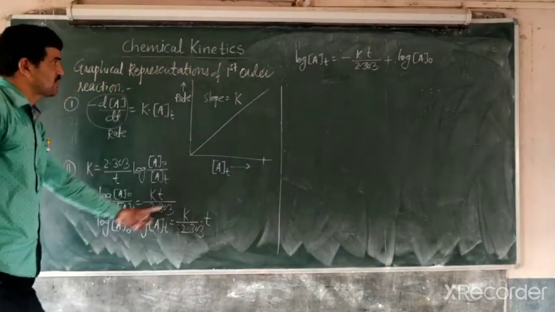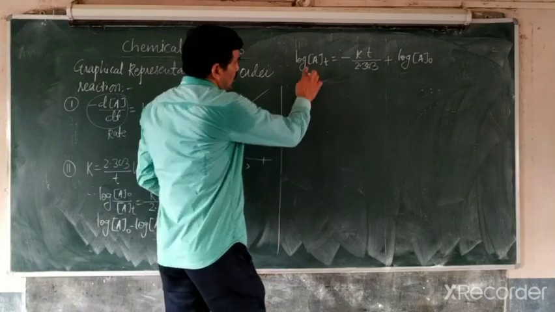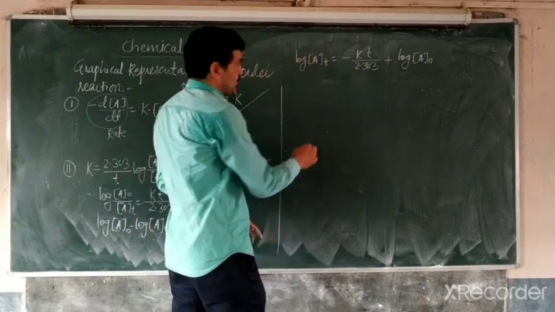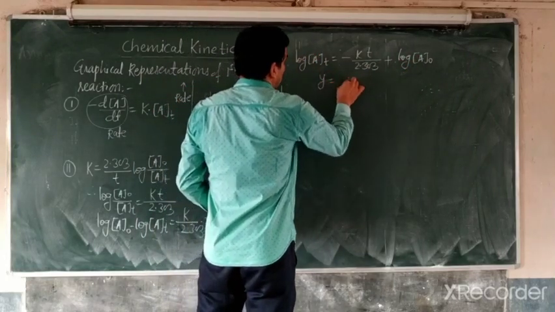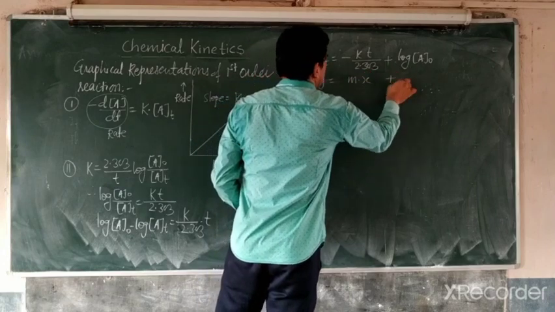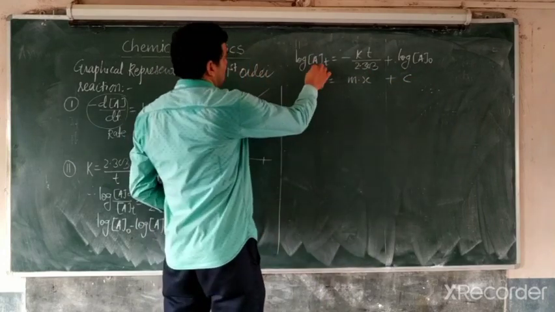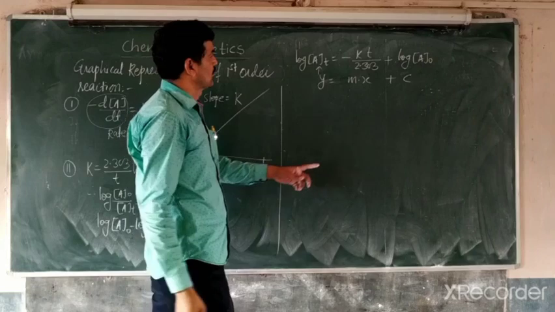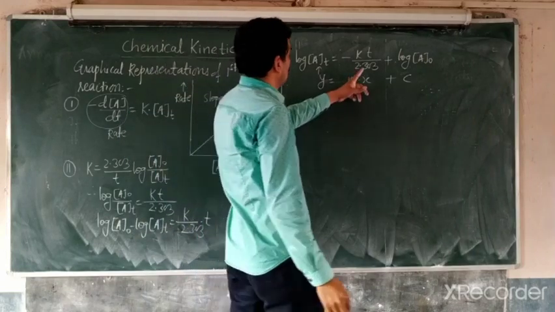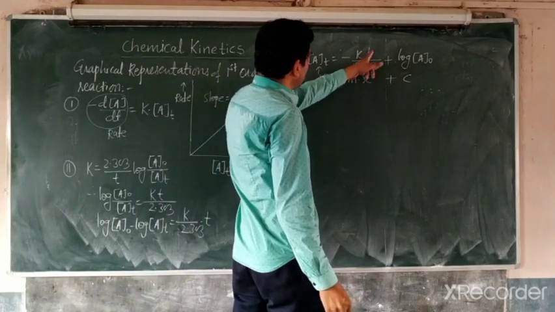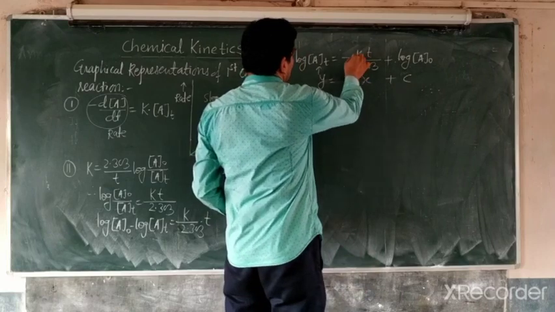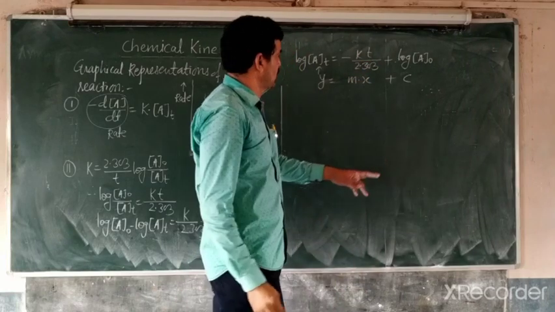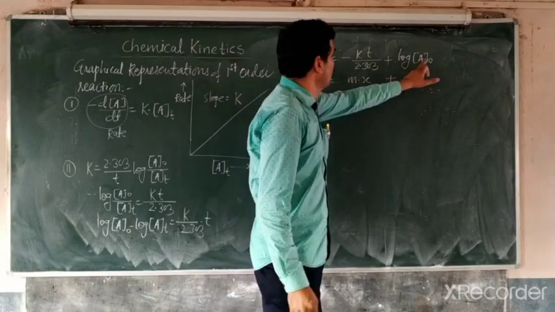You can write this equation in this manner. Now this is the equation of a straight line of the type y equal to mx plus c. Here y is log of At, x is t, m is minus k upon 2.303 and c equal to log of A0.